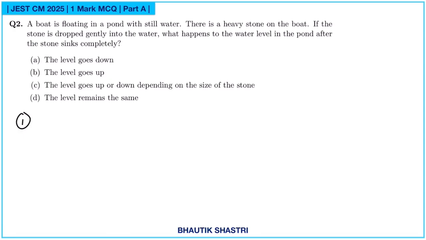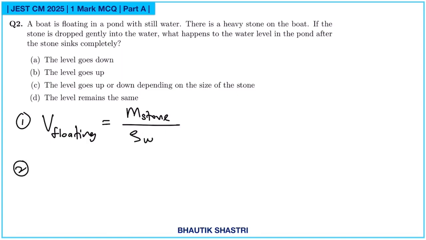In that case, the boat stone system is floating, so it must displace a volume of water whose weight equals the total weight of the boat and the stone. That means the volume of the water that is displaced by the stone's weight, let it be V floating, will be equal to mass of stone upon density of water.